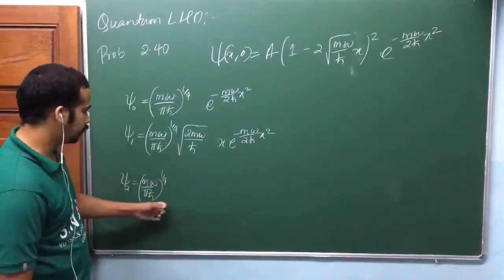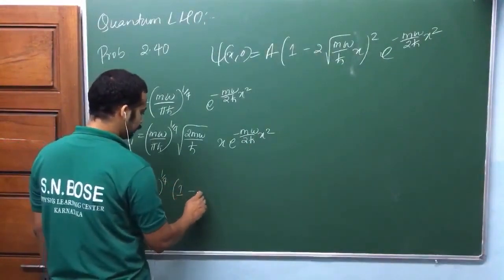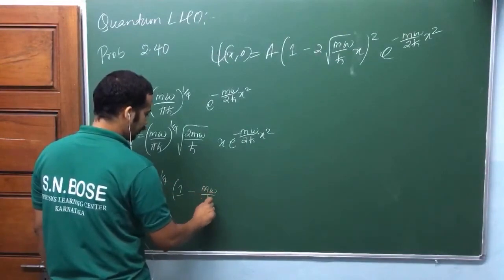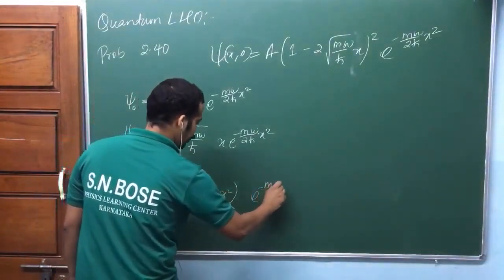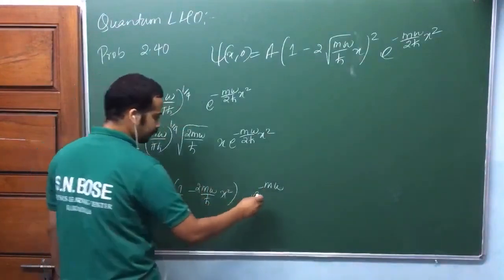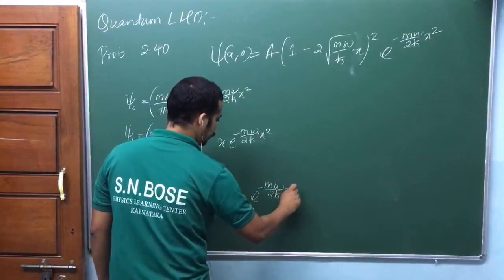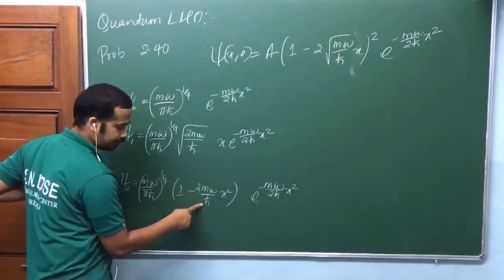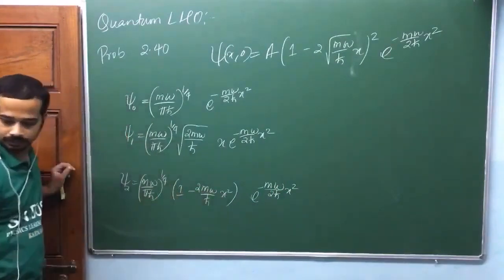Okay, anyone? Can you quote? Yes, sir. 1 minus 2m omega by h bar, correct this one, I don't remember. Sir, 2m omega by h bar x square minus 1. Yes.